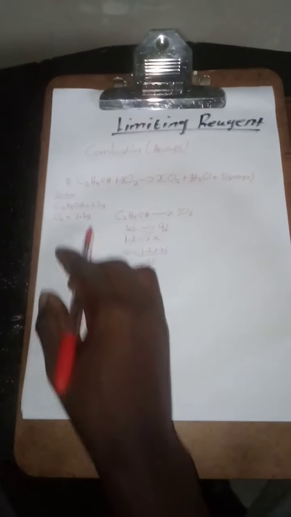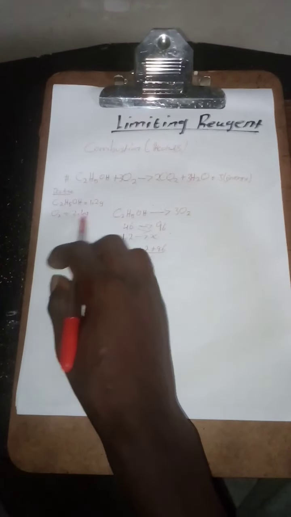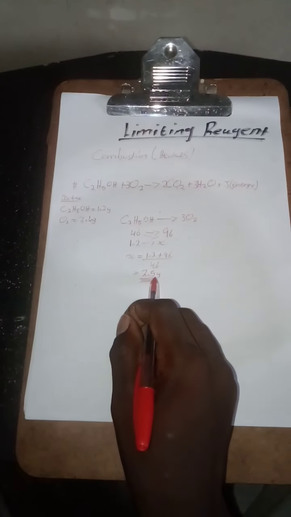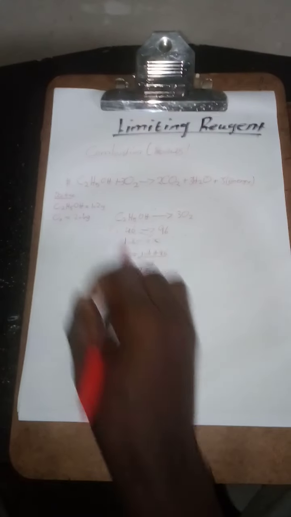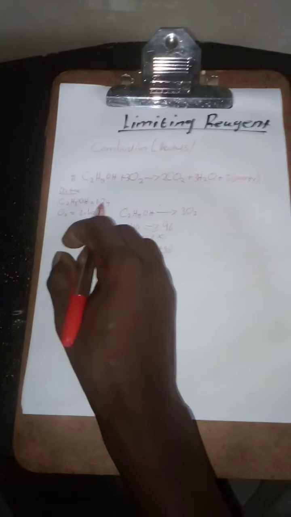So meaning 1.2 grams of ethanol does not need 3.4 grams. It needs 2.5 grams, which simply means that as soon as the mass of oxygen reaches 2.5, the ethanol will finish completely, meaning ethanol is the limiting reagent and oxygen is the one in excess.